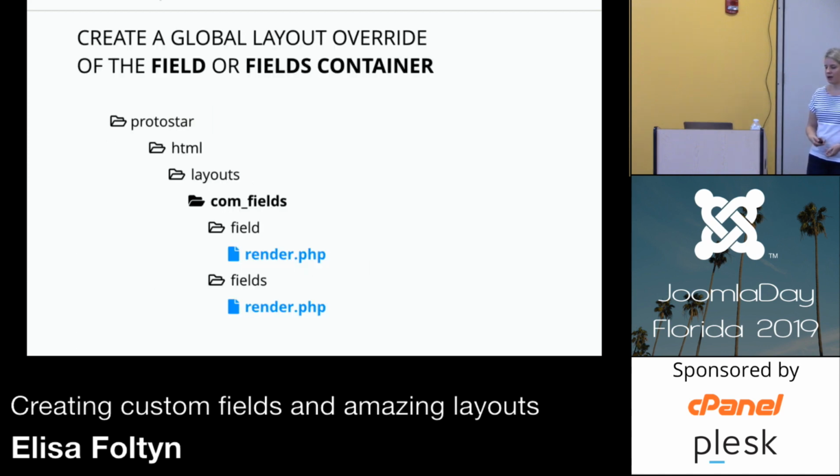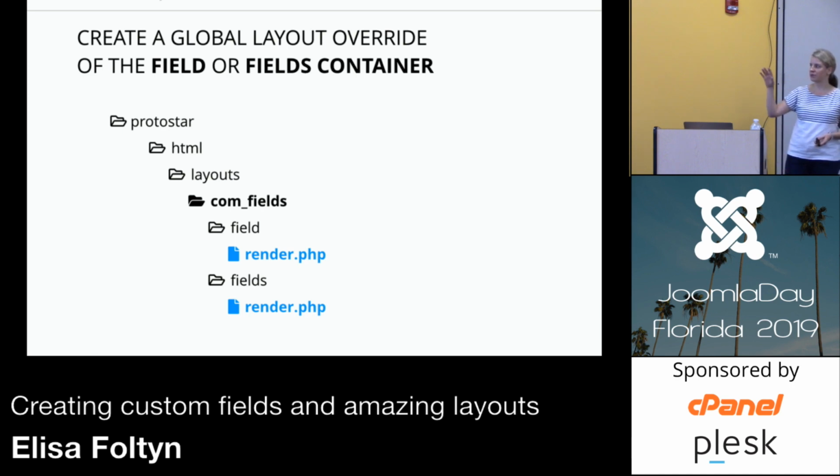You can be creative with it. The second possibility to create overrides is to create a layout override of the field or the field container. Every field is displayed in a generic way, and you can copy the files and put them in your template. Here, for example, this is Protostar.